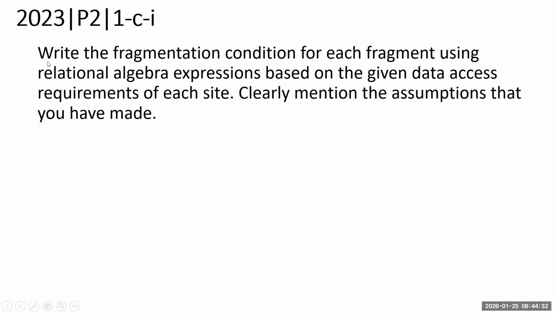So the question is, write the fragmentation condition for each fragment using relational algebra expression based on the given data access requirements of each site. Clearly mention the assumptions that you have made.